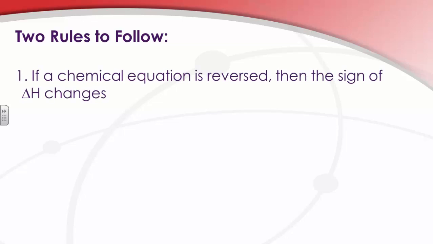Okay, and there's only a few rules we need to keep in mind. First off, if in order to get the reaction we need, we have to reverse a known reaction, well then we have to change the sign. So if it was a negative heat of reaction, we need to make it a positive. If it was positive, we need to make it negative.